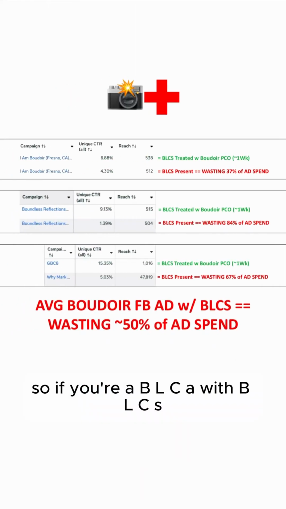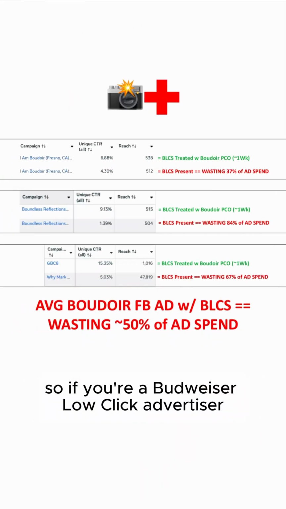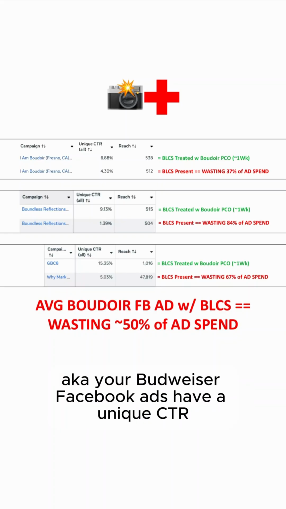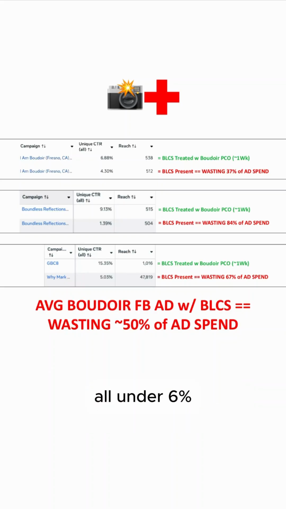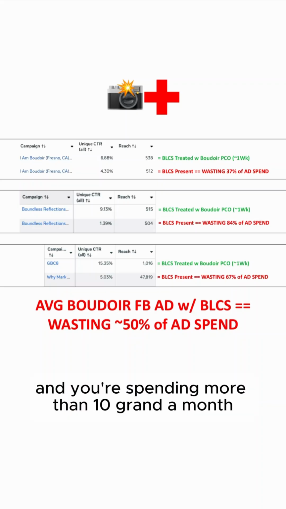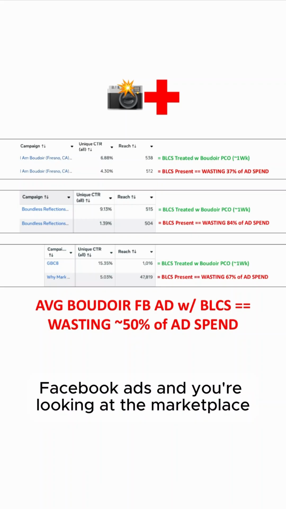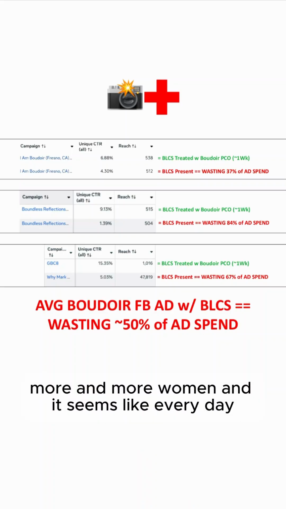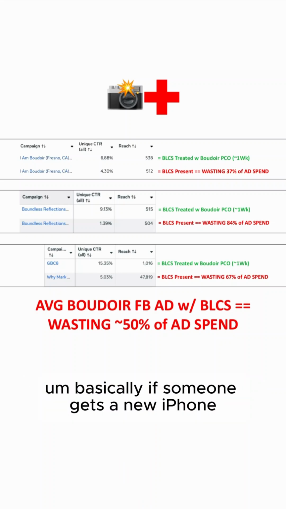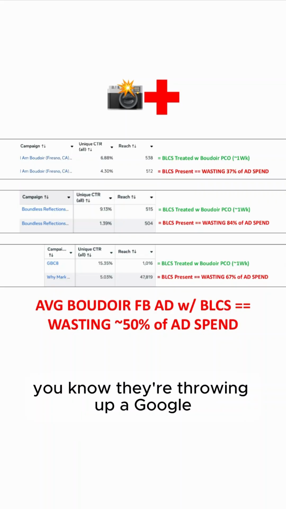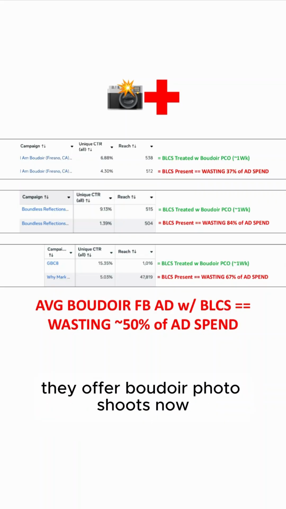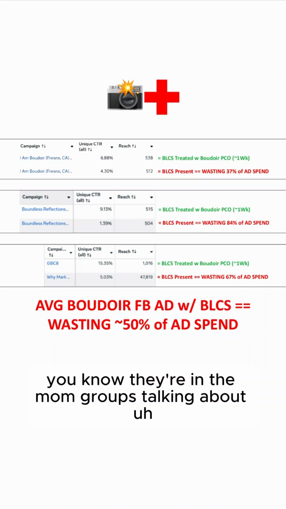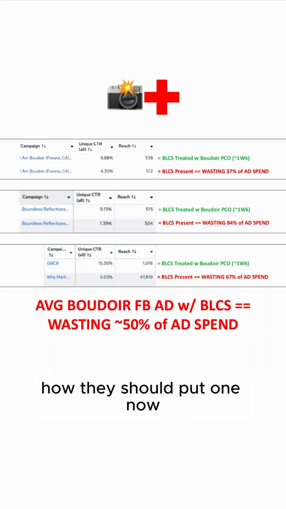So if you're a BLCA with BLCS, a Boudoir low-click advertiser with Boudoir low-click syndrome, aka your Boudoir Facebook ads have a unique CTR under 6%, and you're spending more than 10 grand a month on Boudoir Facebook ads, and you're looking at the marketplace, seeing it get more and more saturated in your city, more and more women, and it seems like every day, basically, if someone gets a new iPhone, they're throwing up a Google My Business profile saying they offer boudoir photo shoots now, or they get a new camera and they're in the mom groups talking about how they shoot boudoir now.